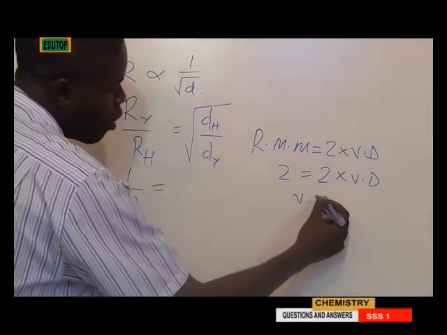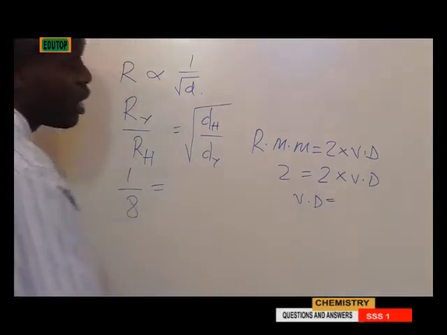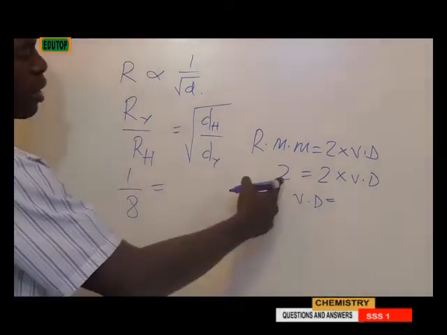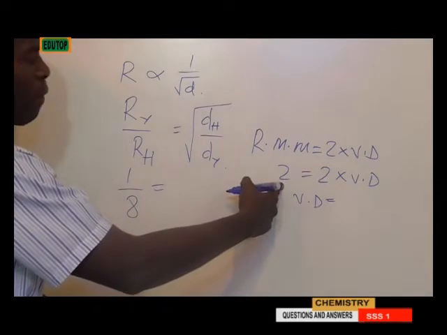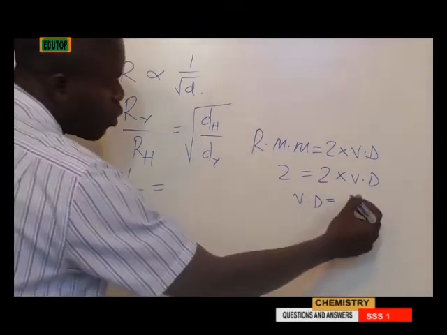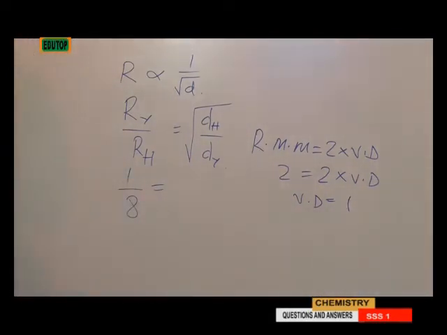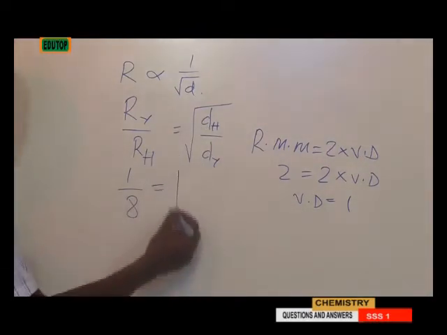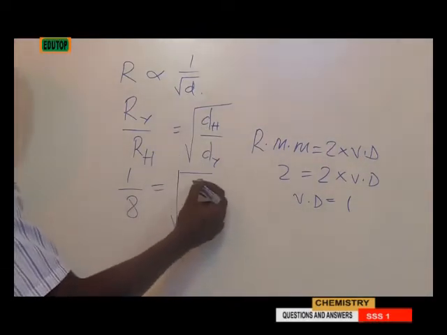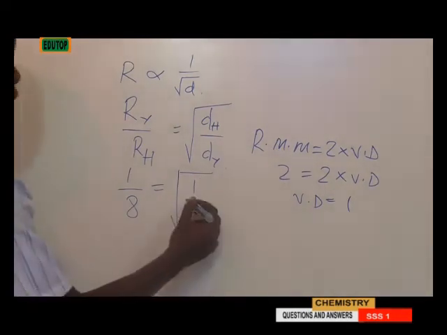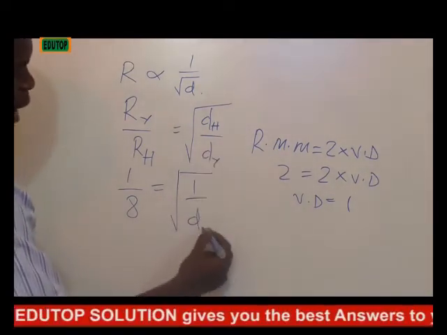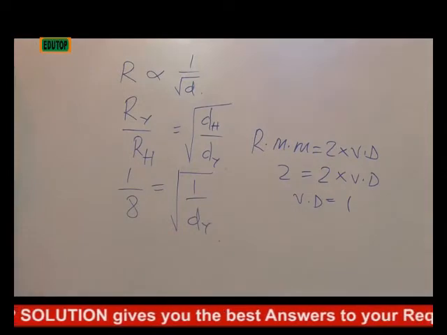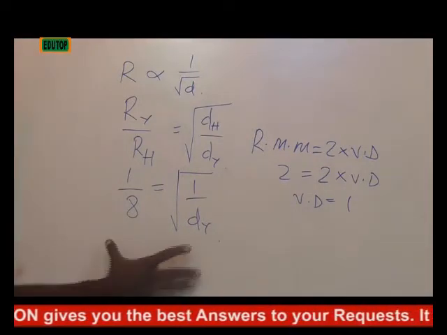When you divide both sides of the equation by 2, automatically it means that the vapor density of hydrogen will be 1. Then, if you put that here, the vapor density of Y is not known.